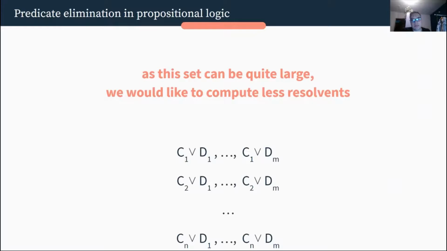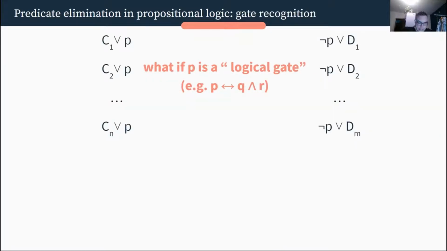Now, obviously this set can be quite large, so we would like to compute fewer resolvents. And how do we do that? Well, what was noticed is that a lot of times there are subsets such that they define P to be a logical gate. This means P is some logical operation over other propositional variables.